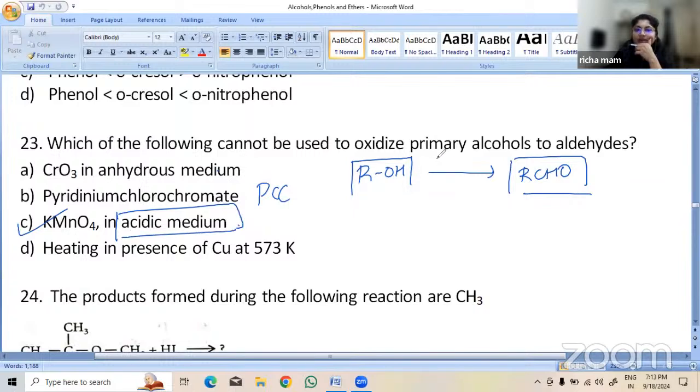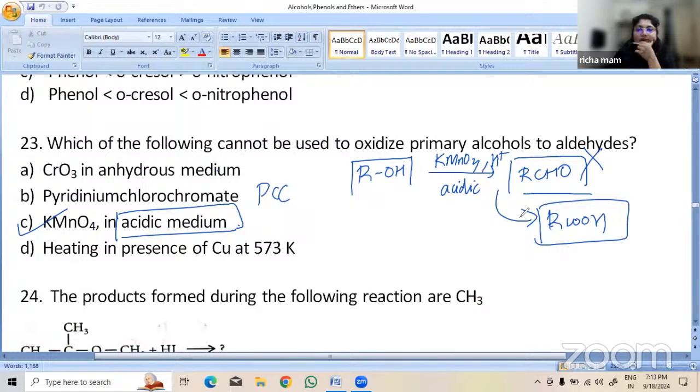If you are using KMnO4 in acidic medium, that is in the presence of H plus ions, it will directly oxidize alcohol to carboxylic acid. So from alcohol directly it is converted to carboxylic acid.